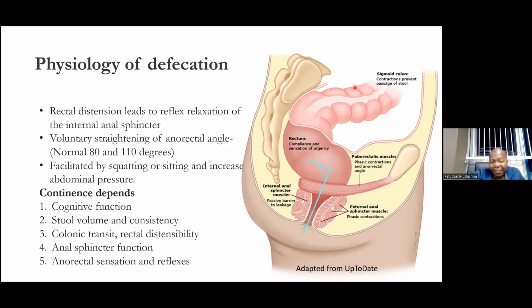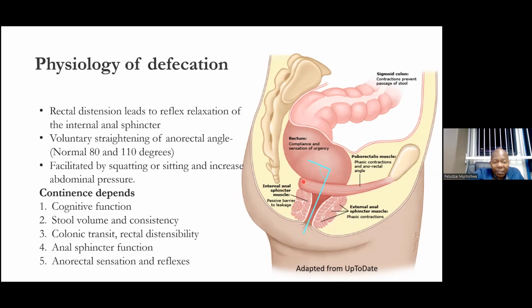Also aided by squatting, we have straightening of the angle, and then you also have voluntary relaxation of the external sphincter muscle. Then we do pass stools. So any mechanical disruption of this mechanism causes fecal incontinence. We'll look at them later.